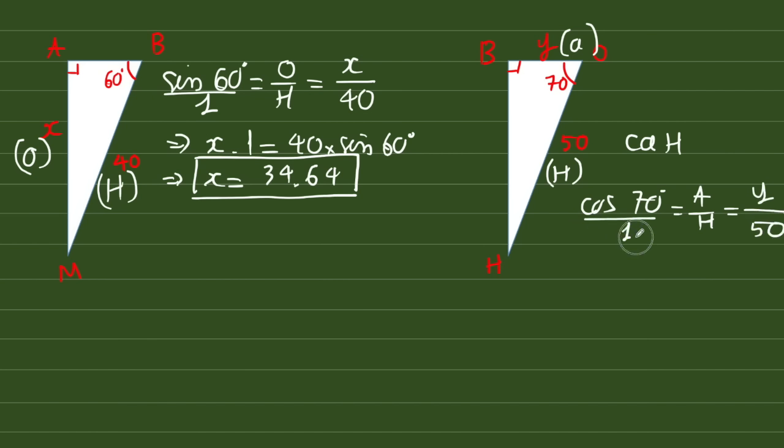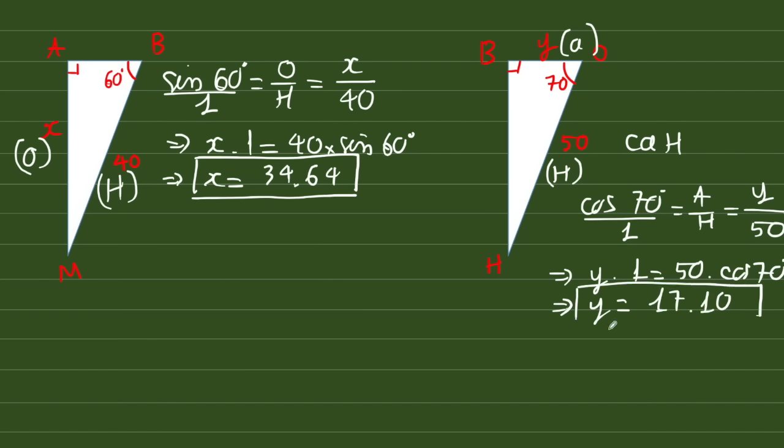This is over 1, and y times 1 equals 50 times cos 70 degrees. This is y, because y times 1 equals y, and 50 times cos 70 gives you 17.10.